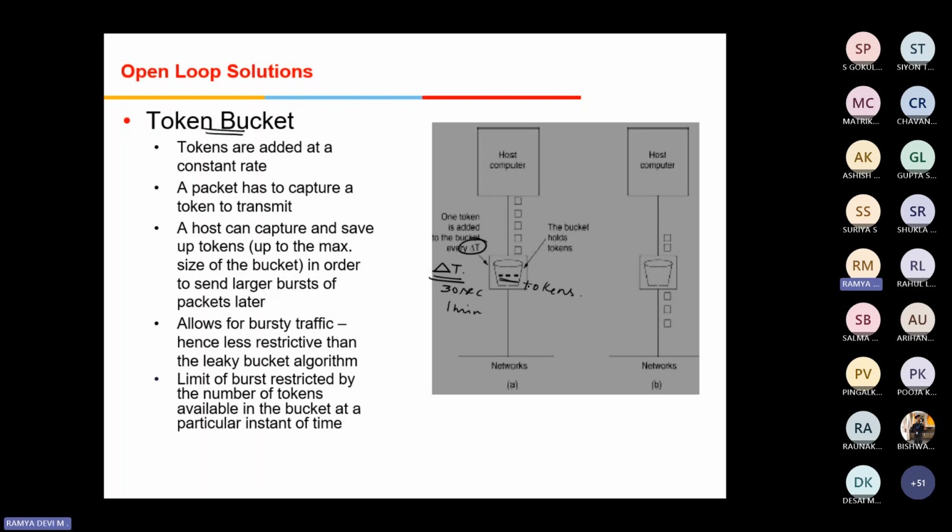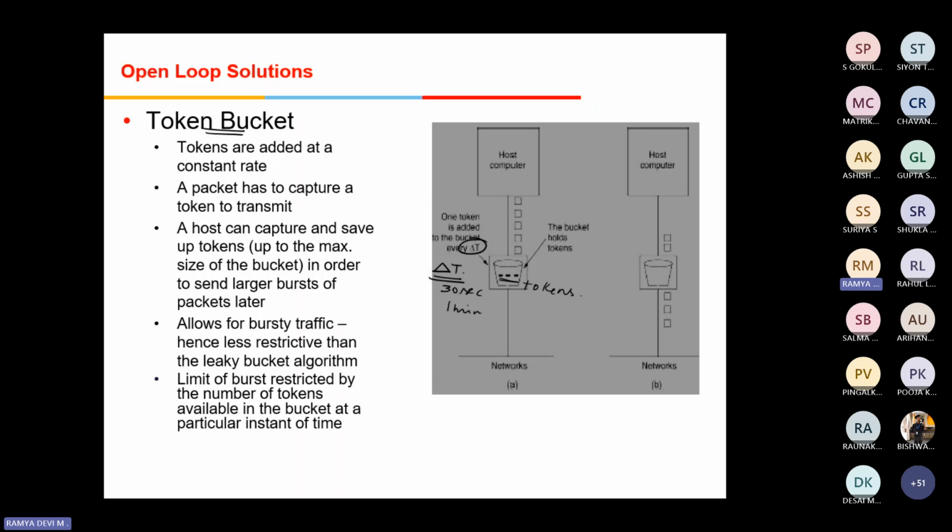The token will be regenerated after 1 minute or after 30 seconds, that is, after del t time. If no tokens are available in the bucket, the packet must wait. So packets can be sent only when a token is available.